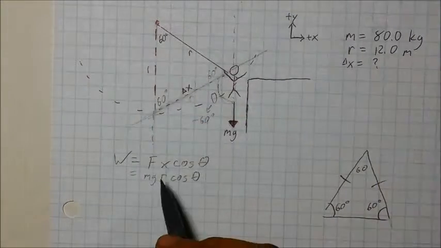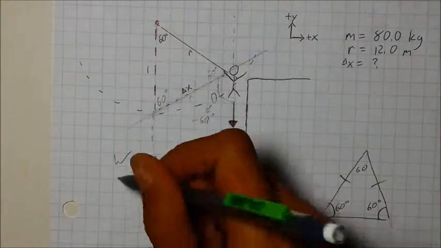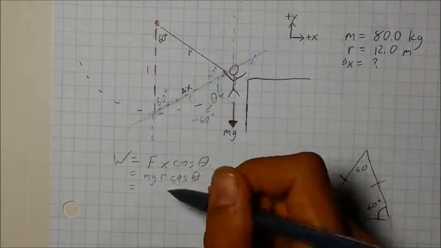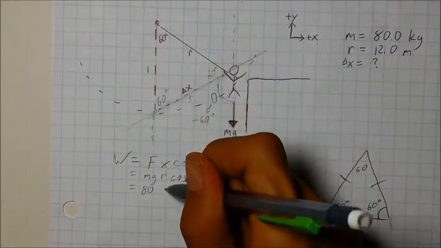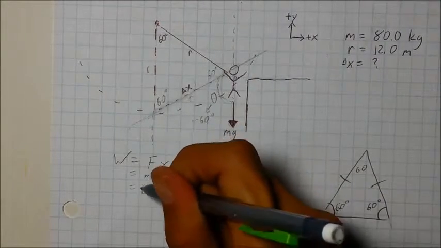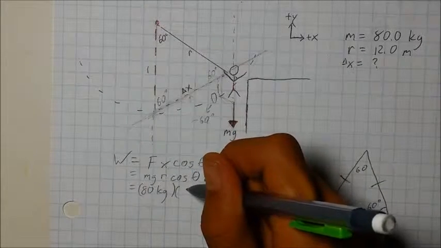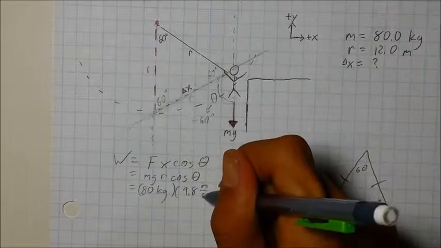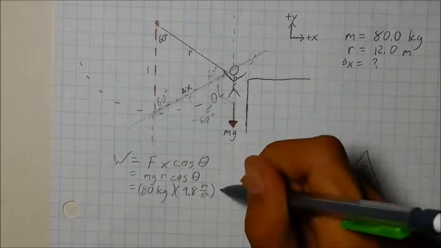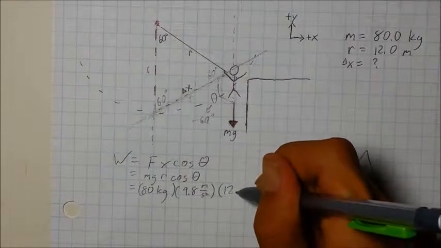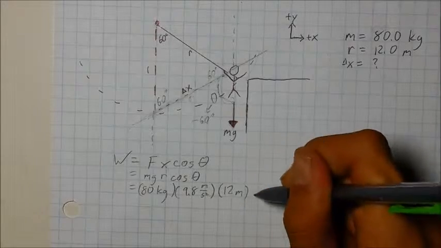We have our mass, we know what g is, and we know what R is, so we can start plugging those numbers in now. M is 80 kilograms. g is the acceleration due to gravity. R is the length of the rope, which is 12 meters.